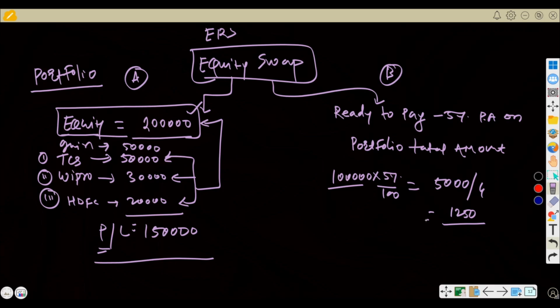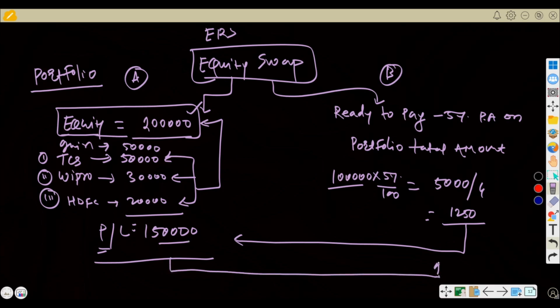B will transfer this amount to A, and A will transfer 50,000, because 1 lakh is the equity valuation, right? So 1,50,000 minus 1 lakh, net 50,000, which B will transfer to A. See, this is the difference.